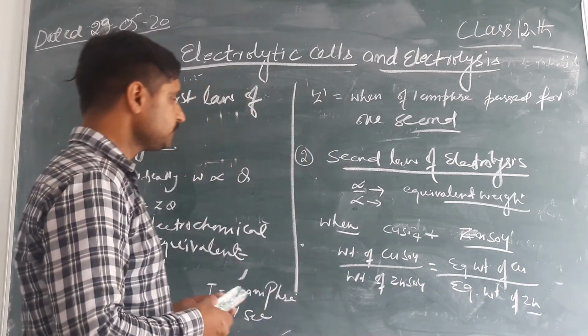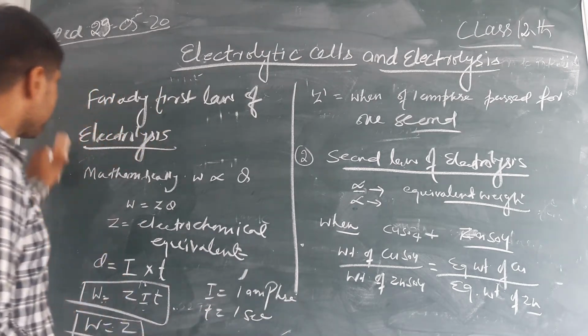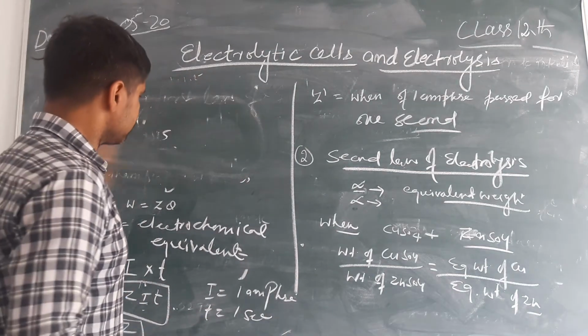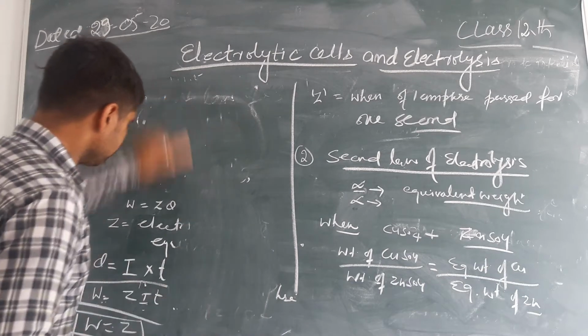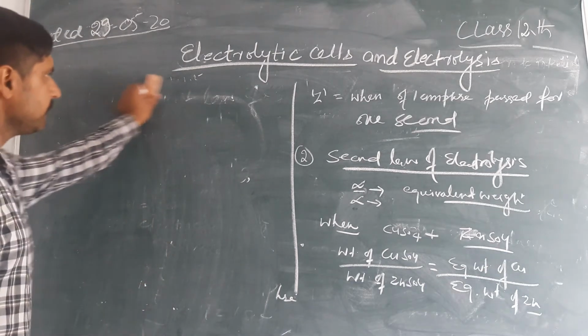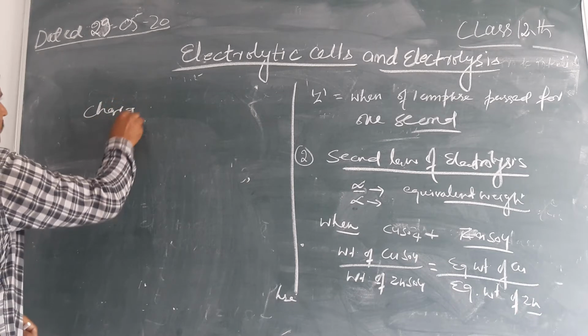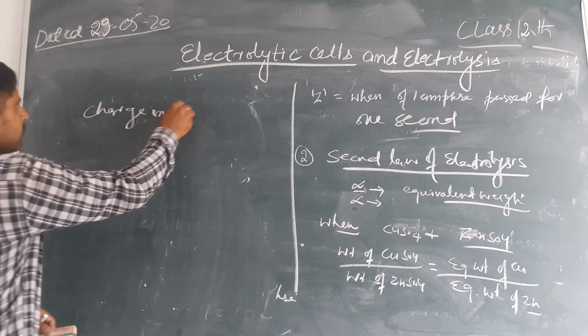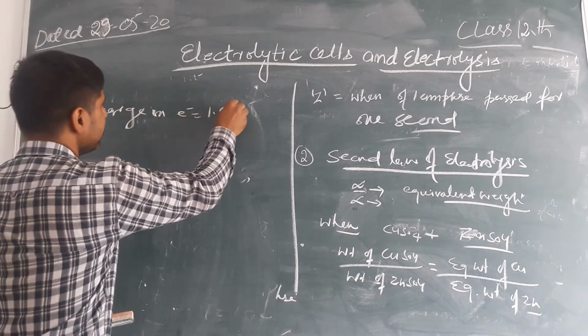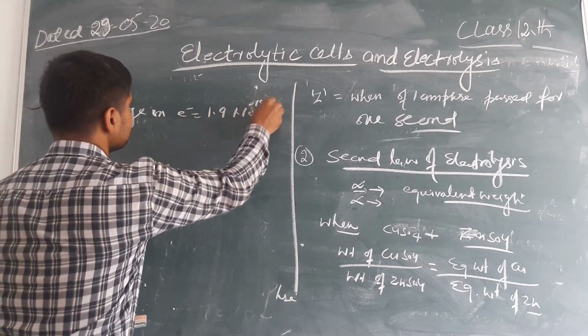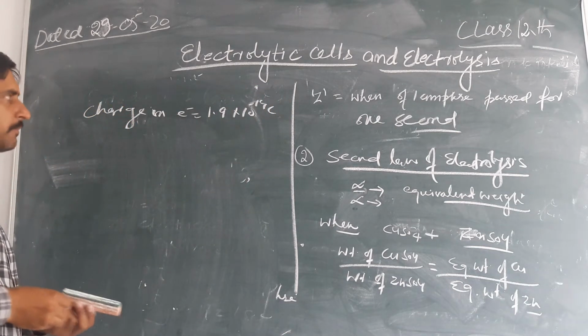Now, the charge on one electron is equal to 1.602 into 10 raised to minus 19 coulomb.